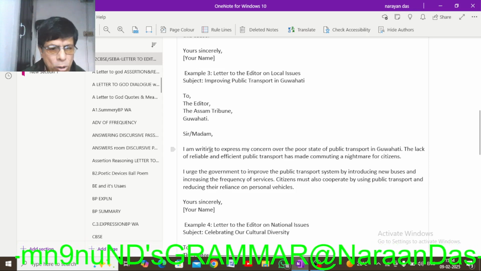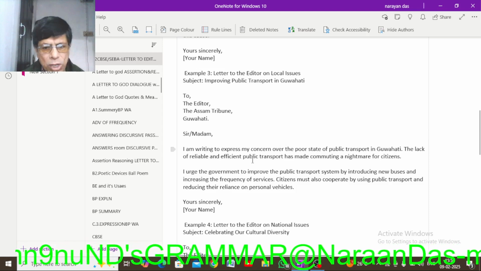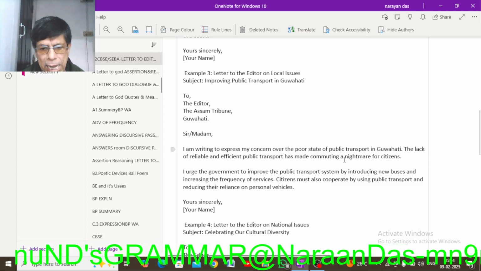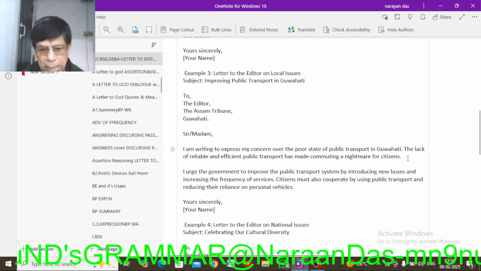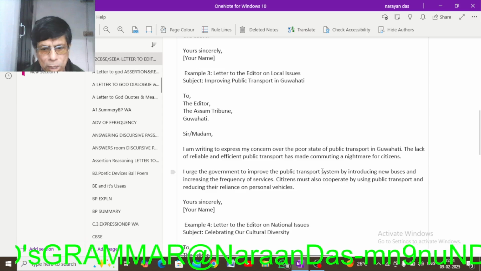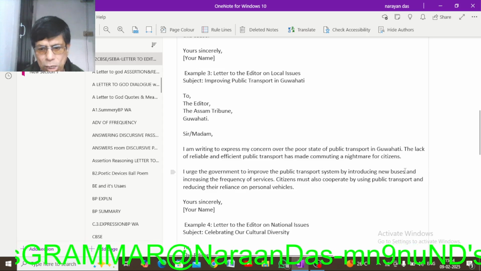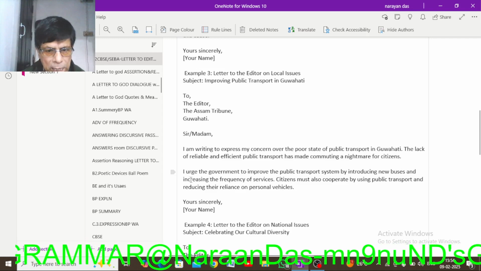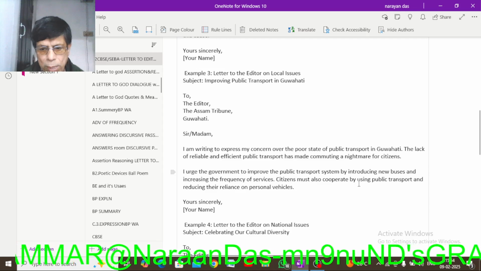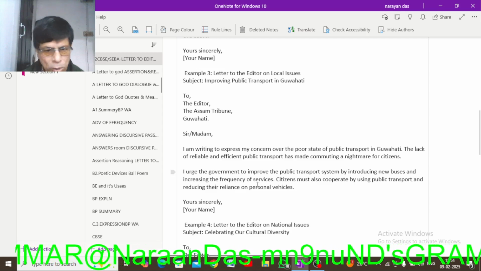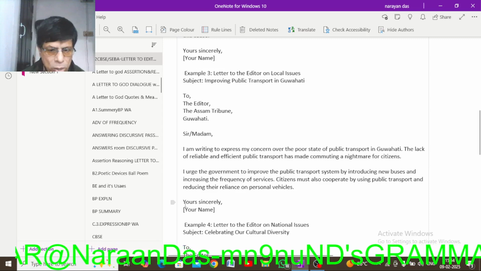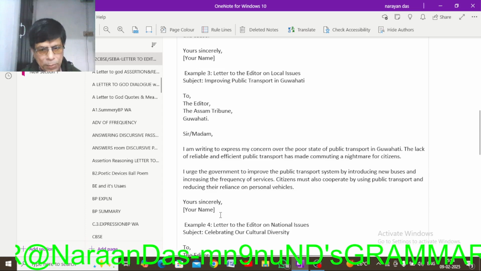This lack of reliable and efficient public transport has made commuting a nightmare for citizens. I urge the government to improve the public transport system by introducing new buses, increasing the frequency of services. Citizens must also cooperate by using public transport and reducing their reliance on personal vehicles. Yours sincerely, then name.